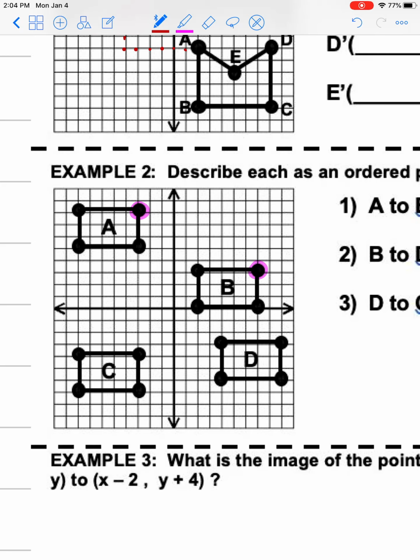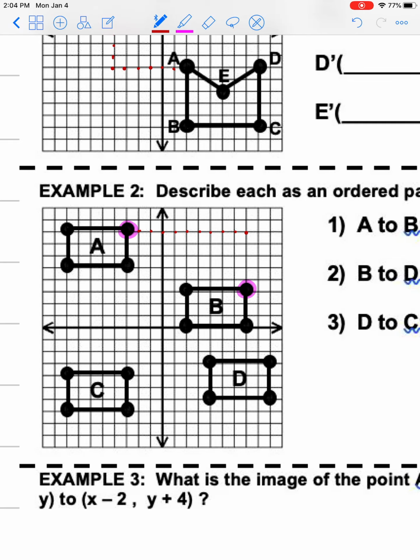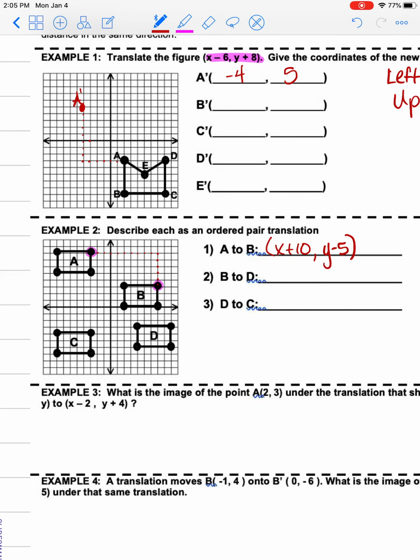So now we can just count 1, 2, 3, 4, 5, 6, 7, 8, 9, 10. So it went right 10. So we would start by saying X plus 10. And then it goes down 1, 2, 3, 4, 5. So we would say Y minus 5. So just remember, figure out what direction it is going, left or right, and then up and down, and write it as an ordered pair translation.